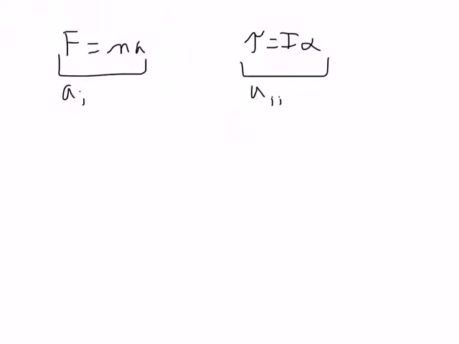And that gives us a basis for what's going to happen. Before I even looked at the question, I know that I've got F equals ma, and it's going to help us figure out the linear velocity. And I've got tau equals I alpha, it's going to help us figure out the angular velocity. So let's look at the actual problem. We have something that's sliding, so it's not rolling at all. And it hits friction, and so the frictional force provides a torque that causes it to start rotating.